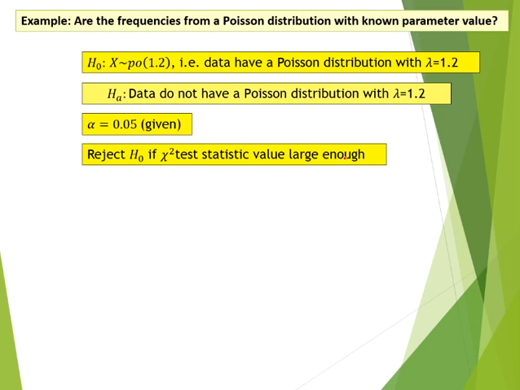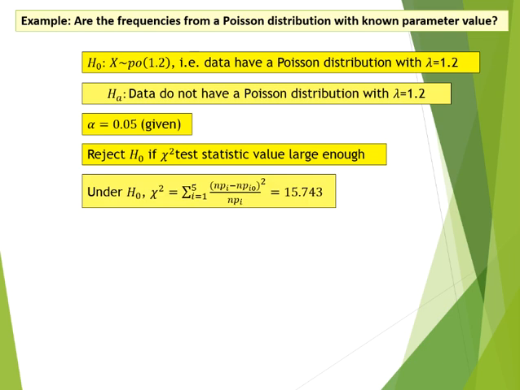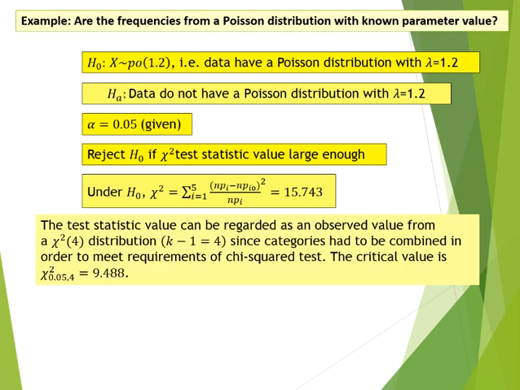But before you can determine the critical value, you always have to calculate your test statistic value first. Because in calculating your test statistic value, your number of categories is determined. You have to combine adjacent categories if required, such as in this case we had to combine, and we ended up with 5 categories, not 6 like we started off with. So our critical value is determined by what happens in the calculation of your final test statistic value.